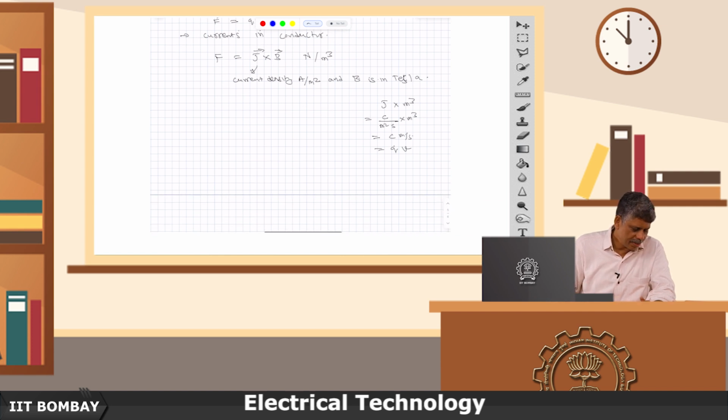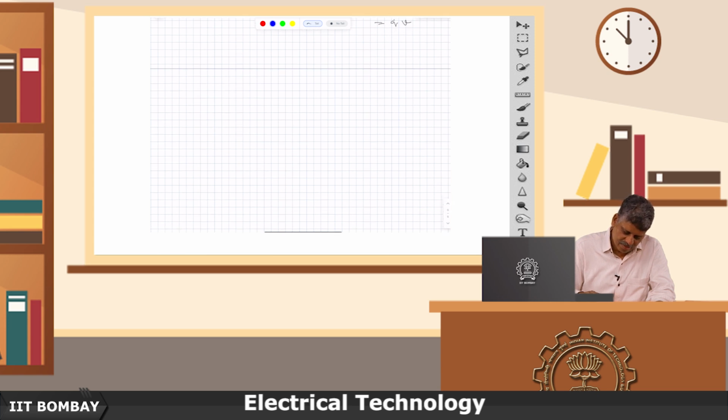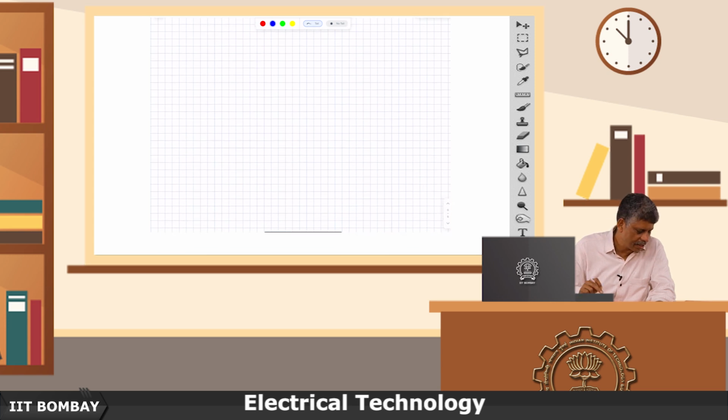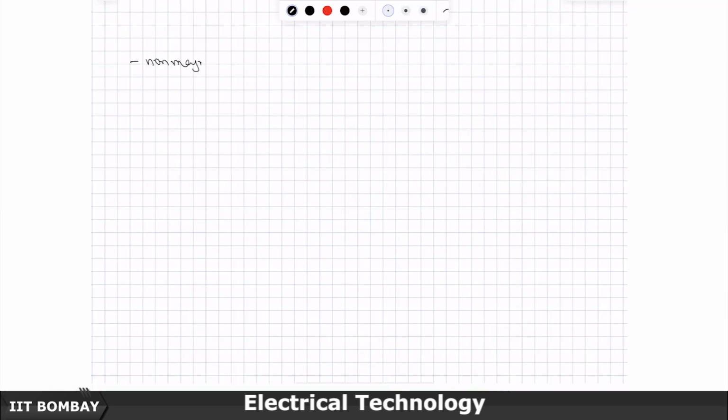Now, let me just take one basic example. This geometry comes again and again. So, let us do this simple example. We have a non-magnetic rotor which contains a single coil.